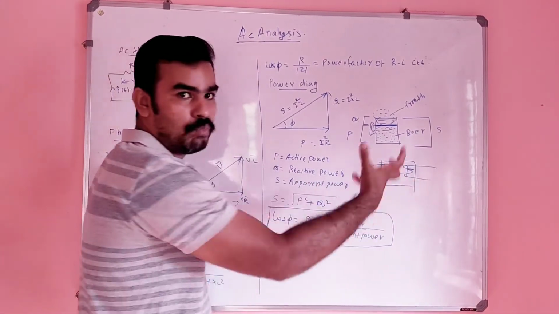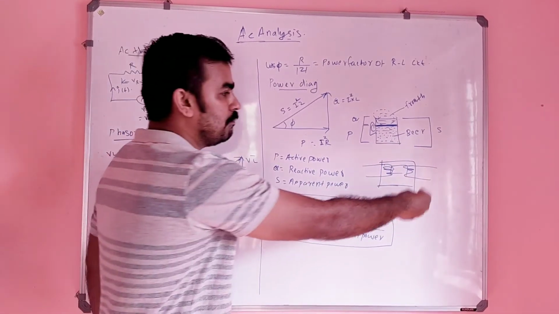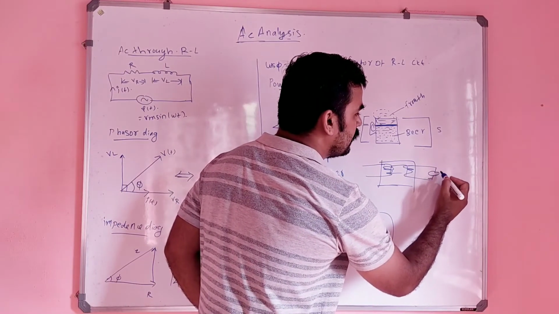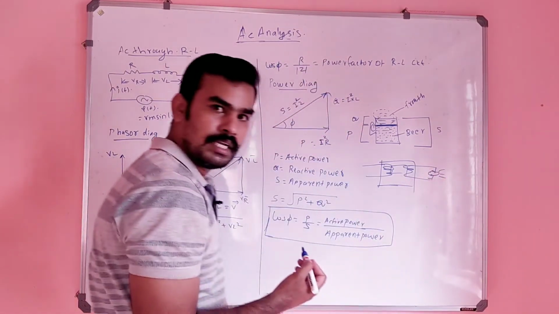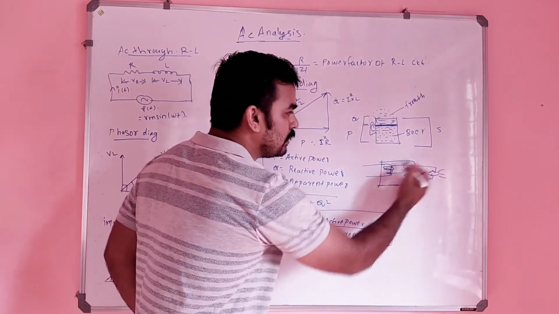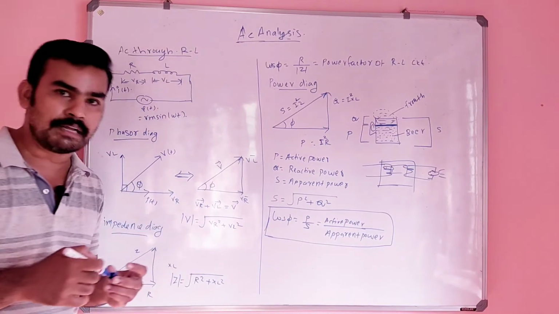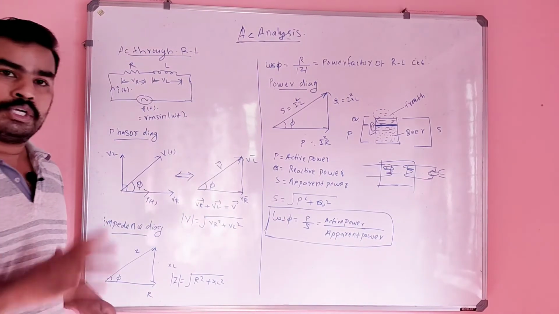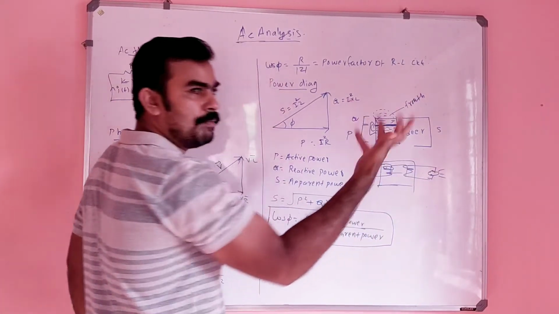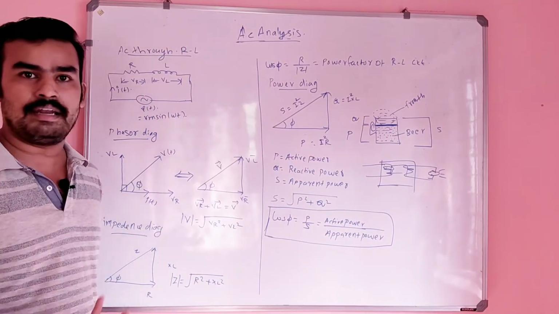Suppose we connect a bulb here, it will glow, right? So there is some useful power conversion, and of course the core of the transformer may get heated up. So the core heating component plus the lighting component, all together we can say is the useful component of power.